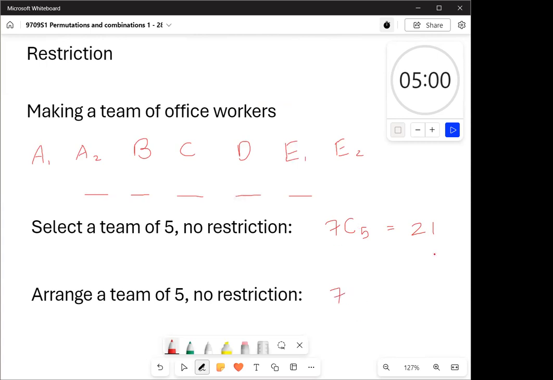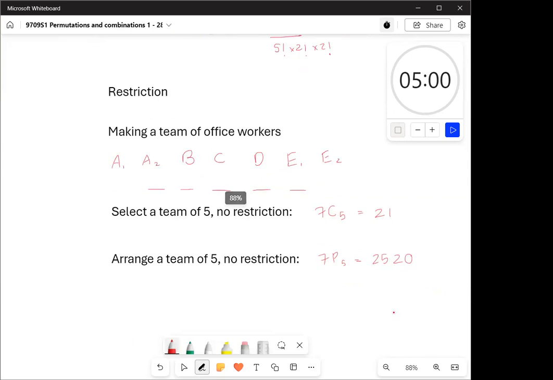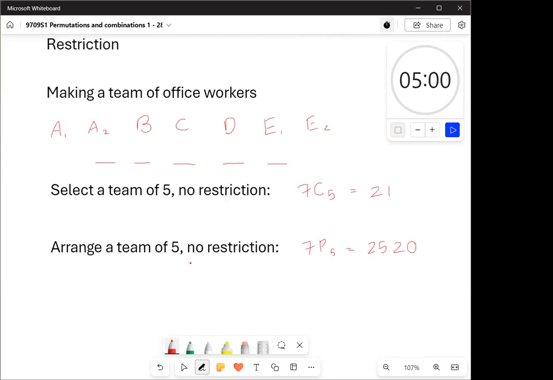Quite easy, the same thing. 7P5. From 7, arrange 5, which is 2520. That's a big number. Yes, a lot more because the order matters now. Unique placement, not just throwing them into a van.